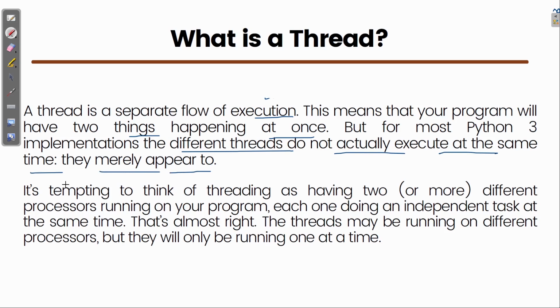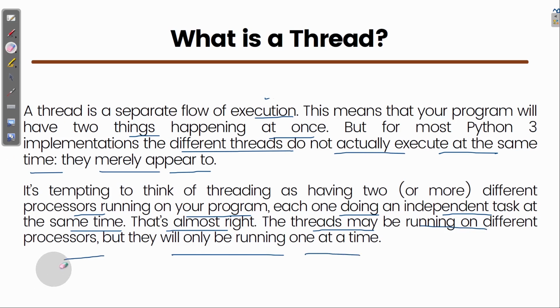It is tempting to think of threading as having two or more different processors running on your program, each doing an independent task at the same time. That's almost right. The threads may be running on different processors, but they will only be running one at a time.